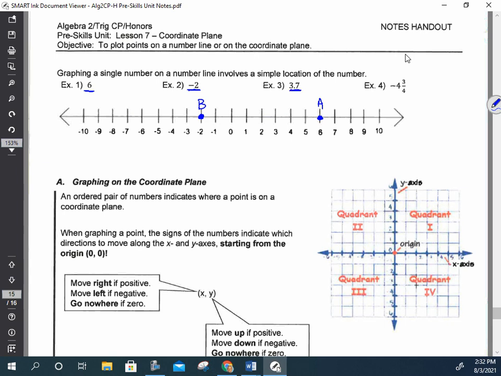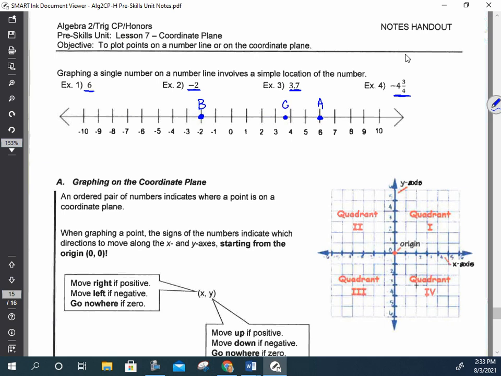If it's a decimal or a fraction, that means it's not going to land on an exact number. It's going to land in between two numbers. That's okay. So 3.7, using our basic number sense, means the point's going to be between 3 and 4. 3.7 is a little closer to 4, so put the point.